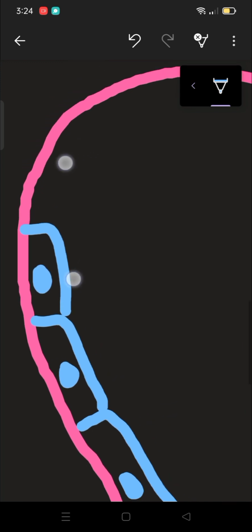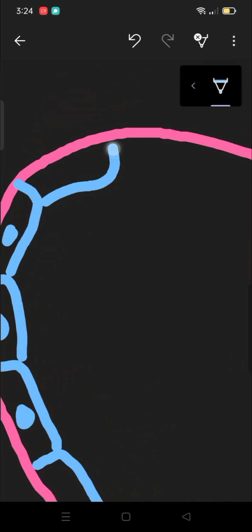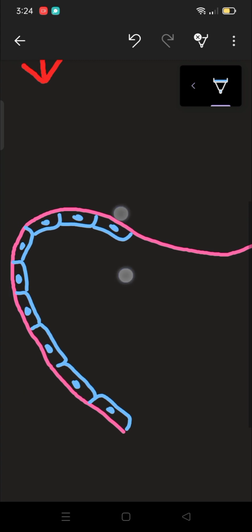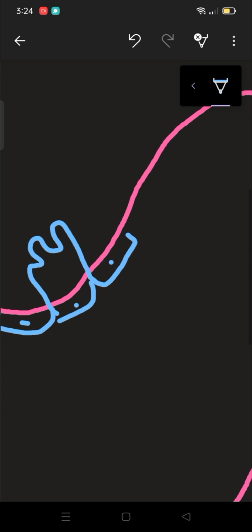This is the layer of epithelium. These are all cells. So now I should make these modified cells. So these are modified here, as you can see here.